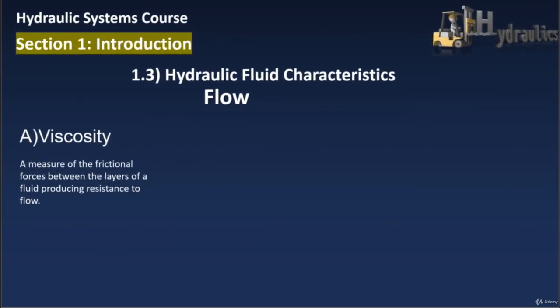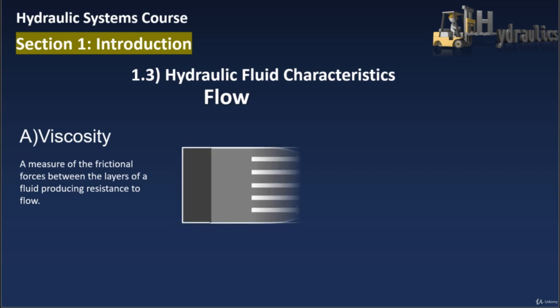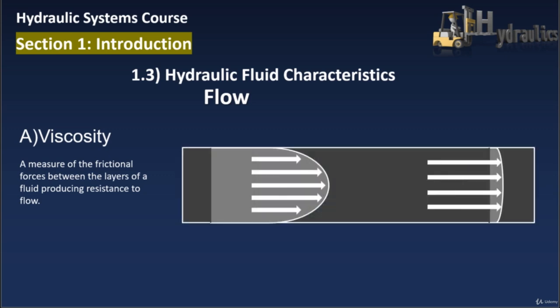Let's define viscosity in more detail. Viscosity is a measure of frictional forces between the layers of fluid, producing resistance to flow. Let's imagine a fluid passing through a tube. In the left sketch, a high viscosity fluid has more friction forces between its molecules, and hence low velocity.